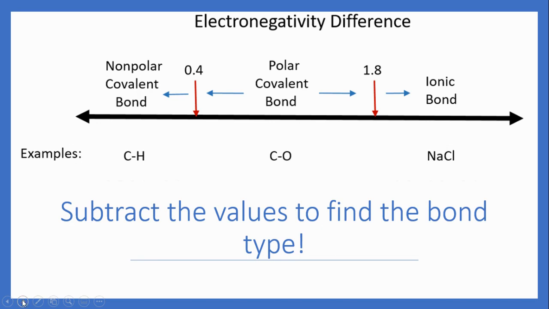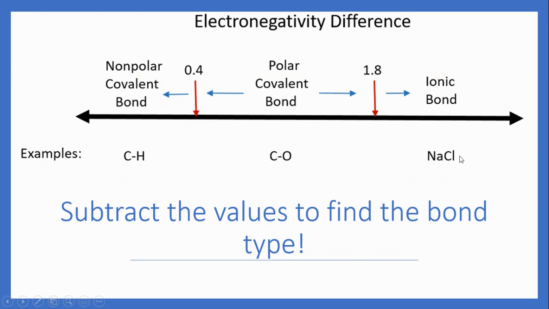You take the two values of those two atoms that are forming that bond, and all you do is subtract them. If you get a value less than 0.4, then you will have a nonpolar covalent bond. If that range is between 0.4 and 1.8, then you will have a polar covalent bond. But if it's higher than 1.8, you're going to have an ionic bond like NaCl.